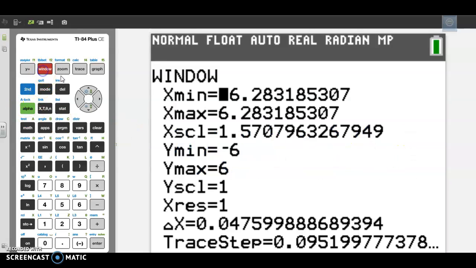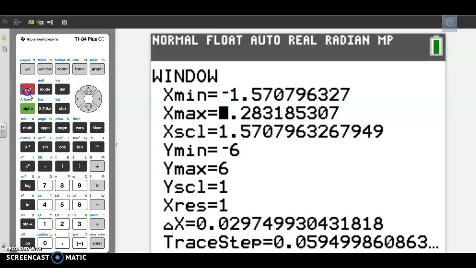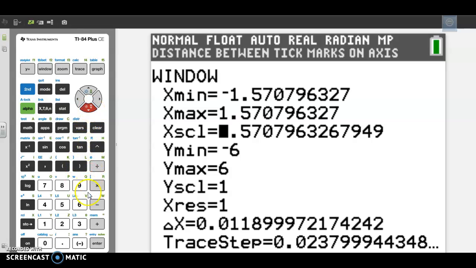Now, if I fix my window with the same one that I have here, we're going from negative pi over 2 to pi over 2, and my scale for this one, each quadrant is going to be at pi over 8. So pi divided by 8.